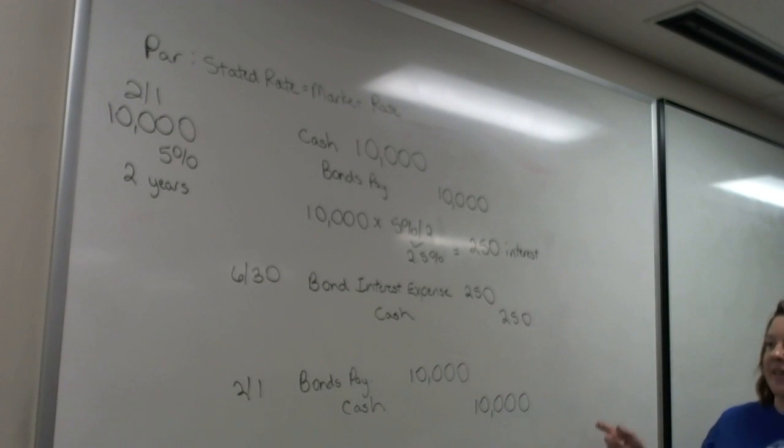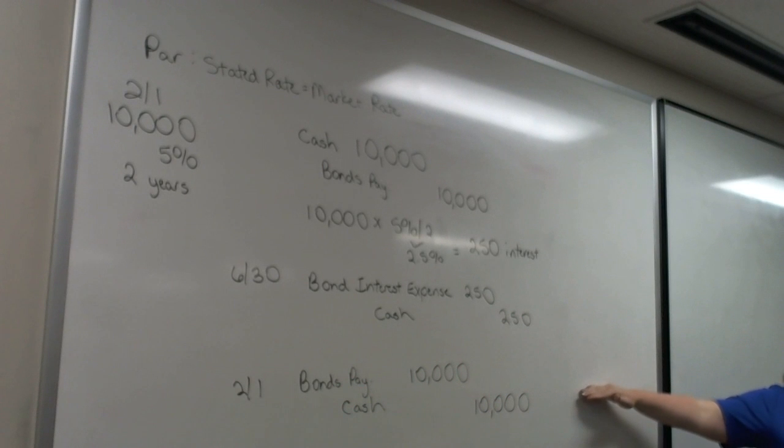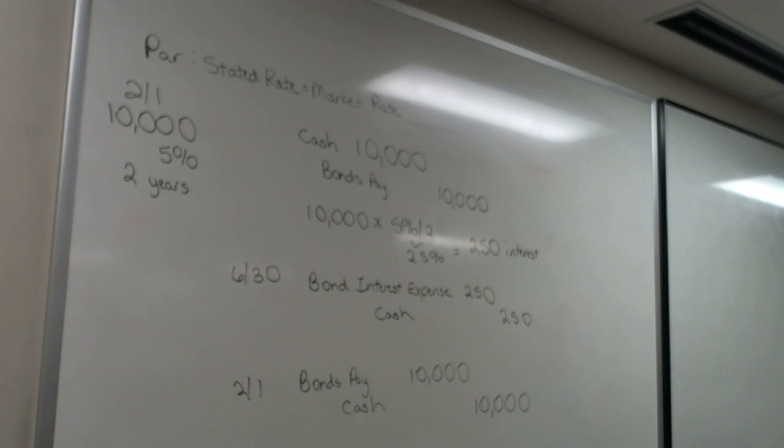Okay. And again, it doesn't matter how the bond is issued, whether it's at a premium, a discount, or par. That is always your payment on the bond when it matures. You're always just paying back the face value. Okay. Any questions on par bonds? They're pretty easy, right? I mean, you're just calculating interest.